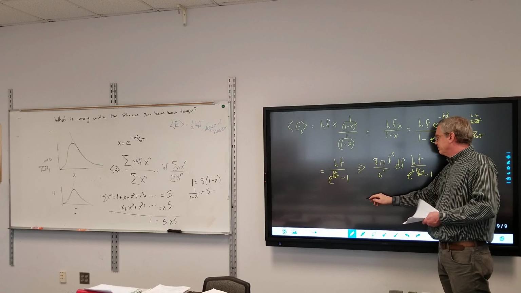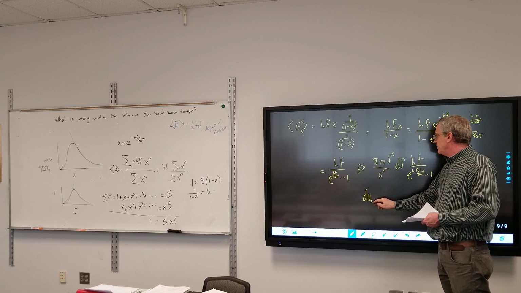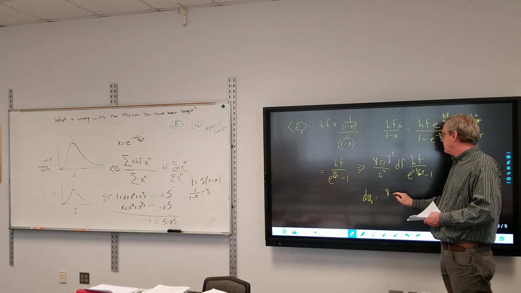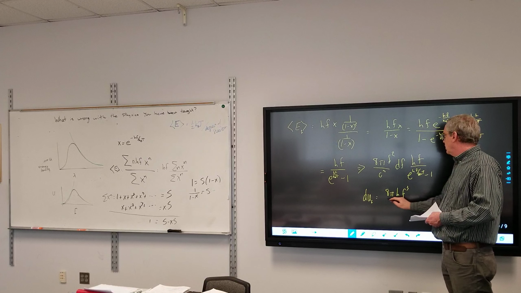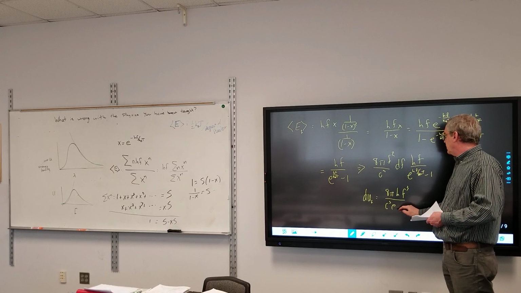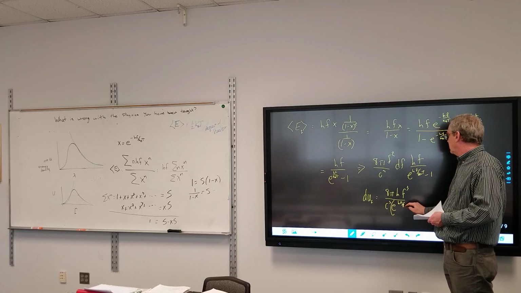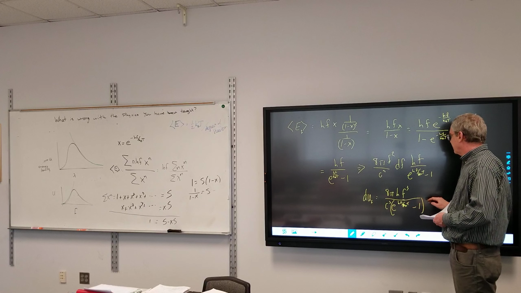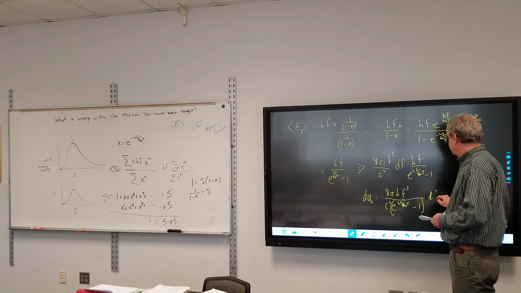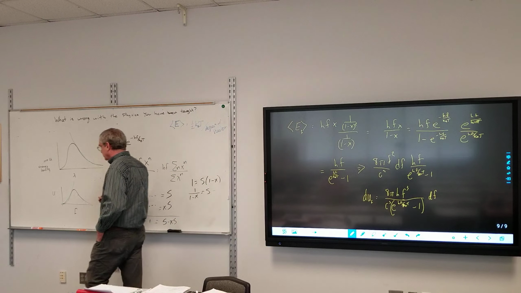That simplifies-ish. So this is our energy density at a particular frequency: 8 pi h f cubed over c cubed, times e to the hf over kT minus 1, df. And this matches what we have right here.